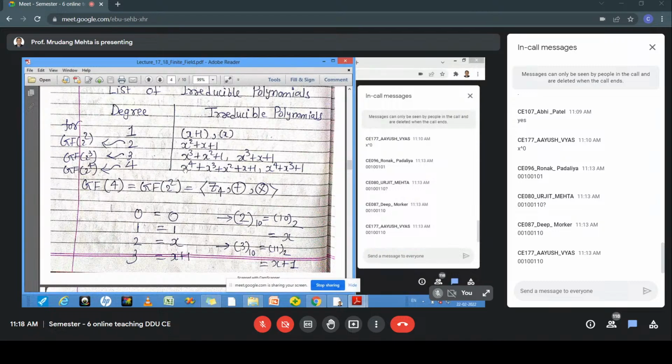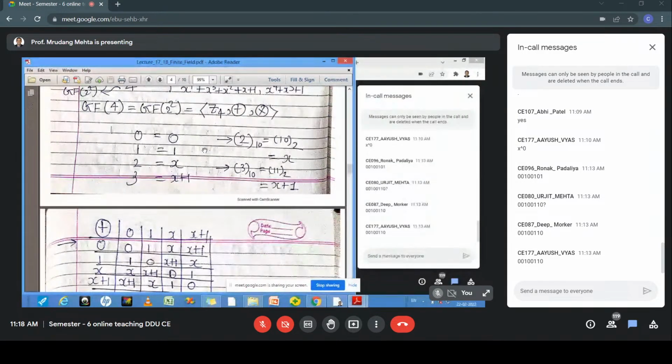So if you see this polynomial x raised to 4 plus x cube plus x square plus x plus 1 and x raised to 4 plus x cube plus 1, these two are irreducible polynomials of degree 4. And why are we discussing this? Because we will need this in our AES. So that is why we are discussing this topic.